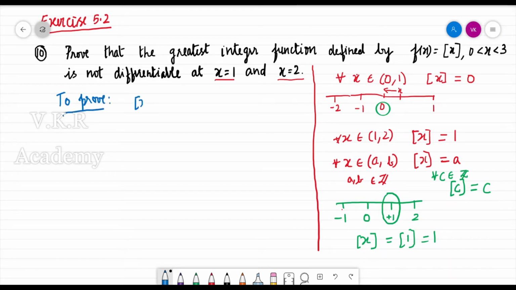Then the result easily follows, because 1 and 2 are integers.